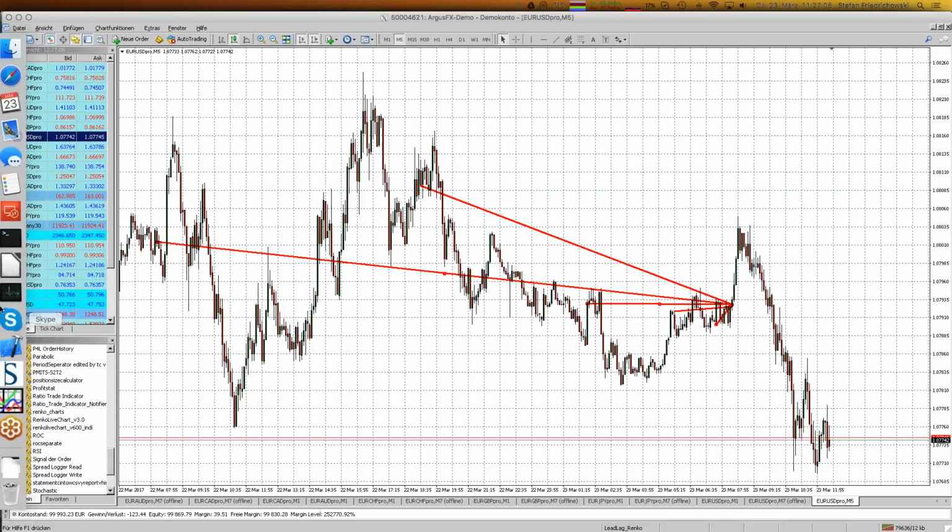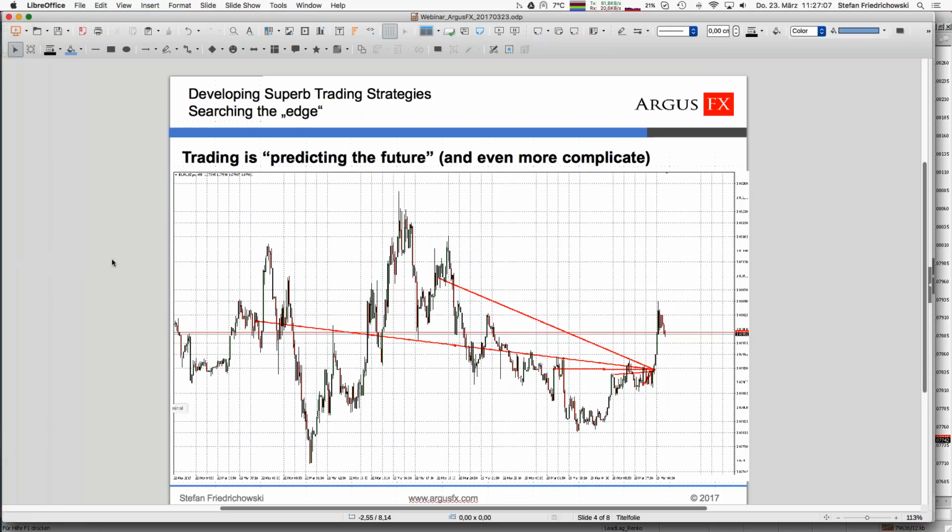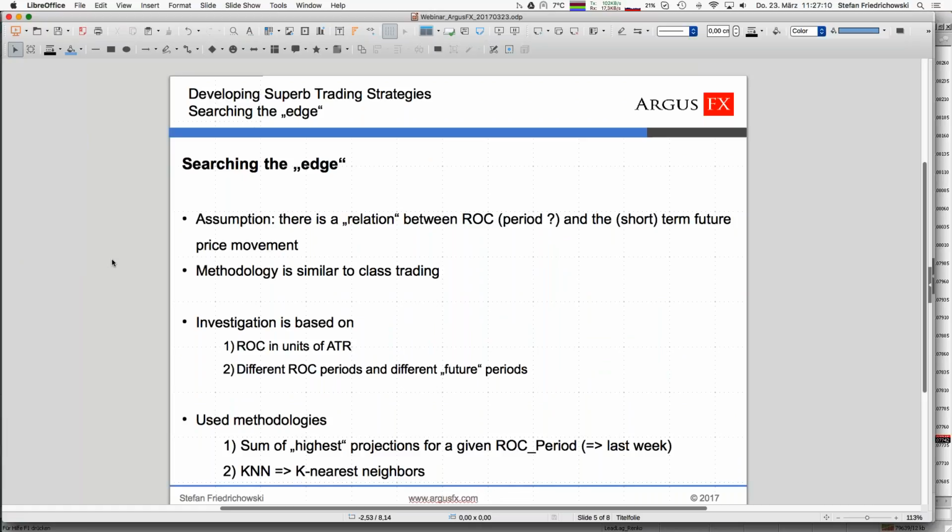Okay, so that's the basic concept, and in summary, it means that we look for a relationship between rate of changes and the, at least short-term, future. I don't want to go through that slide once again because we have done that already last week.